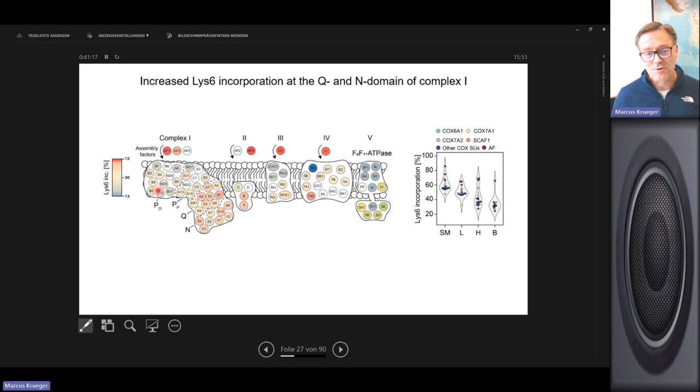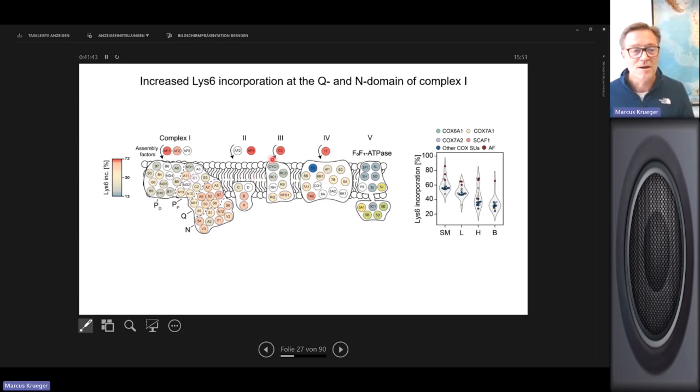So that was also quite nice because we measured everything and then aligned those subunits of complex 1. And what we see is that those proteins located at the matrix side tend to show higher labeling, meaning a higher turnover, so that they are exchanged because they might be damaged and degraded over time, and then of course newly synthesized, whereas those proteins are quite stable here.